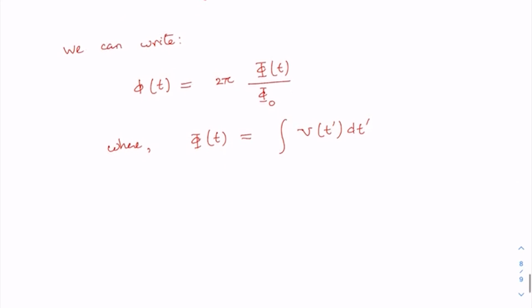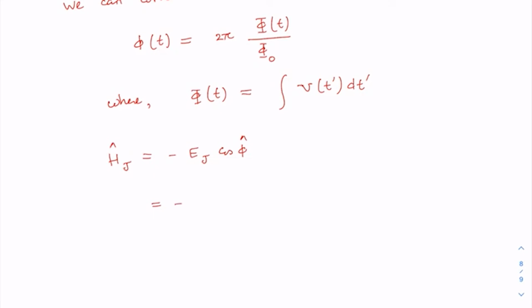So we can write the Hamiltonian minus Ej cos phi cap, which is now an operator, as minus Ej cos of 2 pi times the flux phi cap by phi 0.